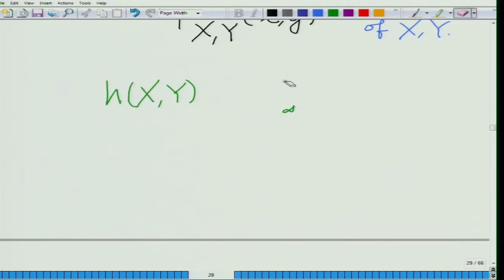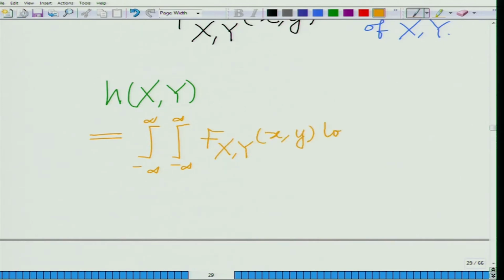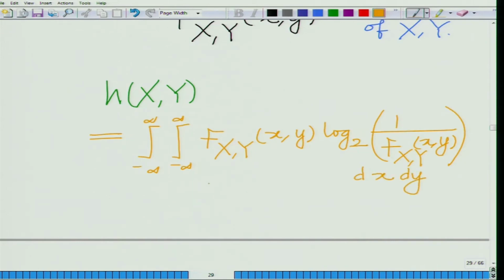So this is equal to the integral from minus infinity to infinity, integral from minus infinity to infinity, of f of x comma y, log to the base 2, 1 over f of x comma y, dx dy.